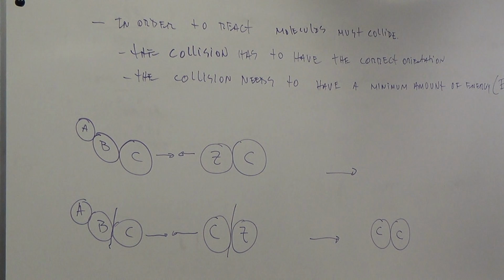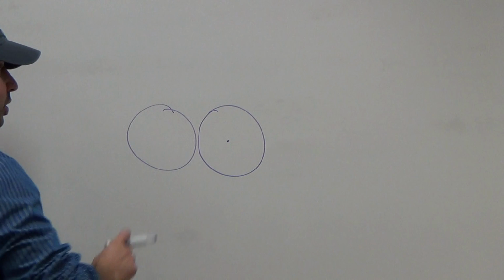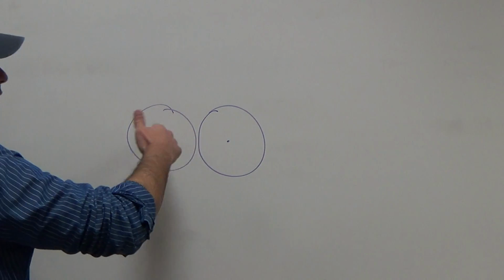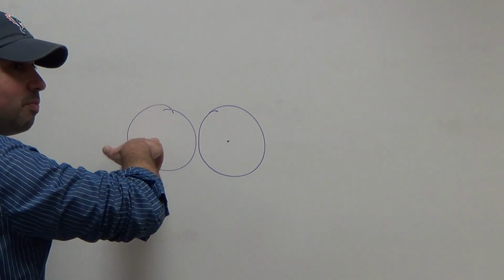Because there's a force holding them together, so you have to use energy. That's right. You have to separate the forces of attraction between them, forces of attraction that are electrostatic in nature. This atom is attracted to this one because of bonding forces.